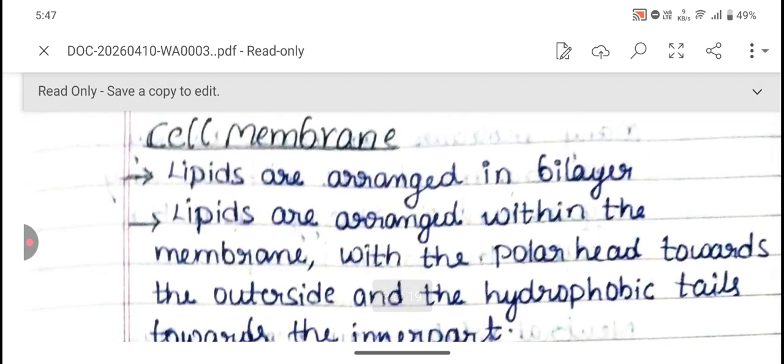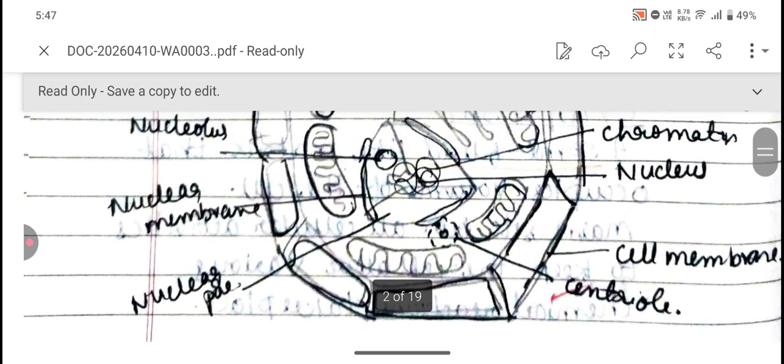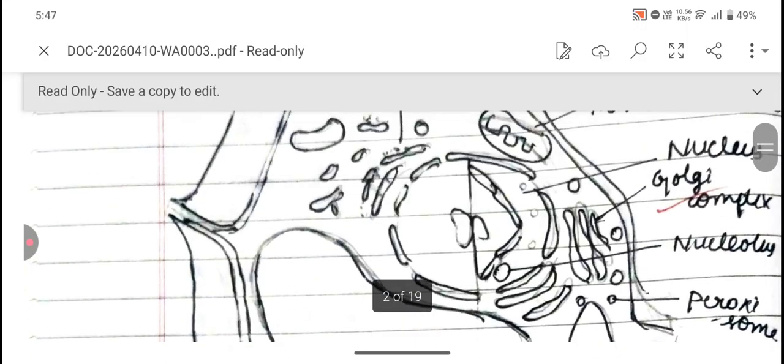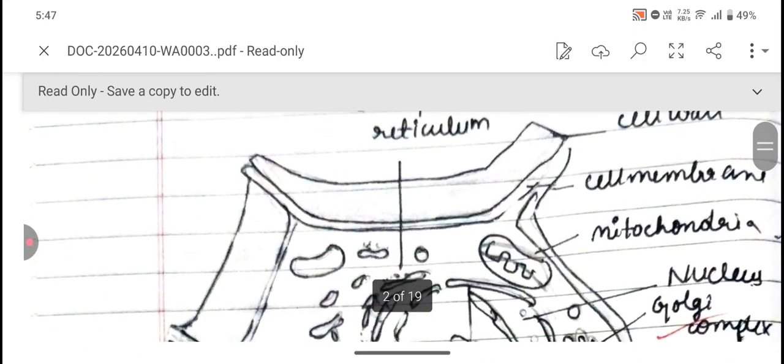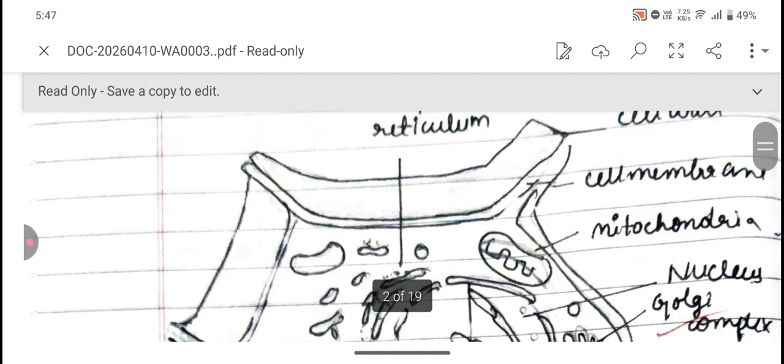Okay. Let's see what a cell membrane is. The cell membrane is a protective, semi-permeable layer which is present around the cell. Whether it is a plant cell, an animal cell, or a bacterial cell, the presence of the cell membrane is crucial for every type of cell, as it acts as a semi-permeable membrane.